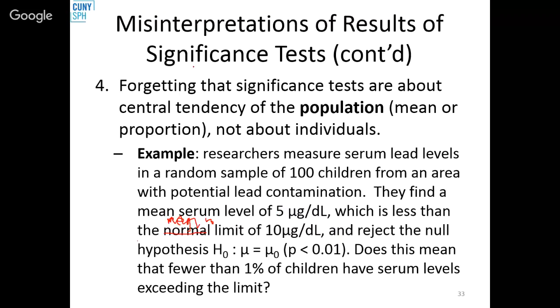Yeah, essentially, 99%. Only 1% of the time would we see a sample with a mean serum level of 5 or less or 15 or more based on sampling variability alone if the null hypothesis is true. So that means that this is a pretty outlying value.